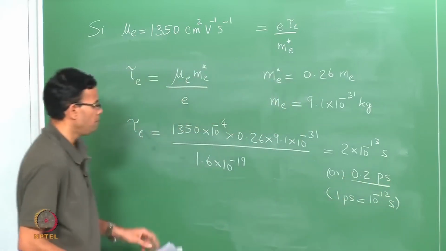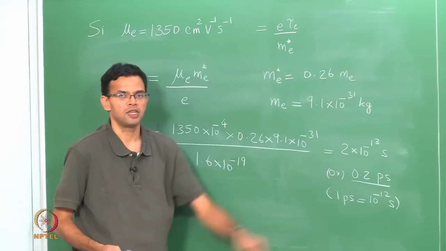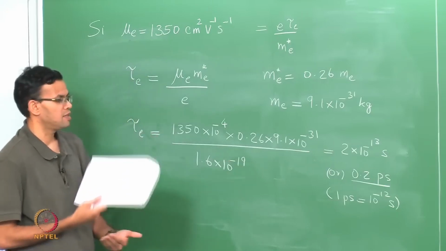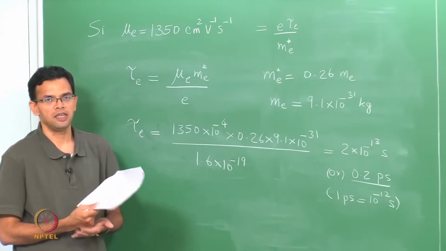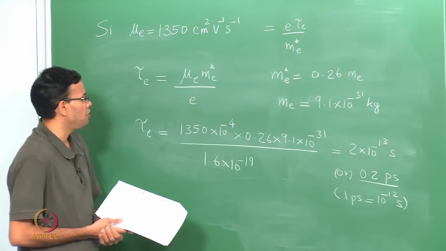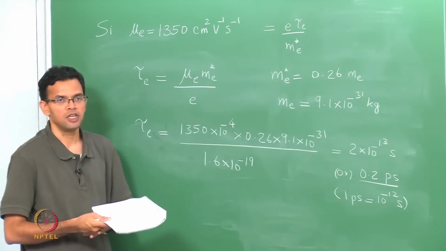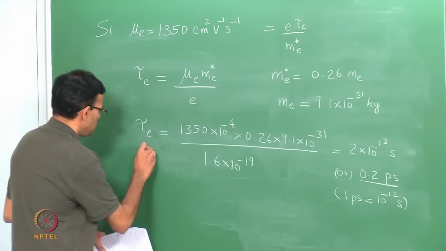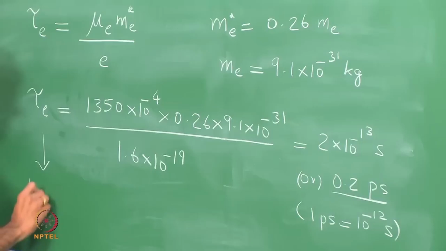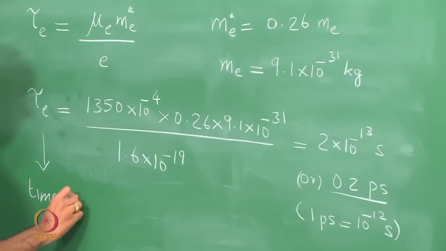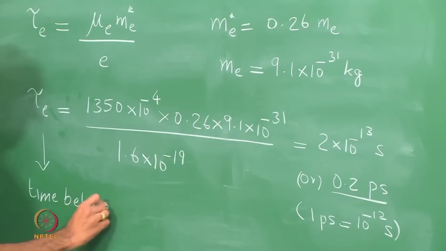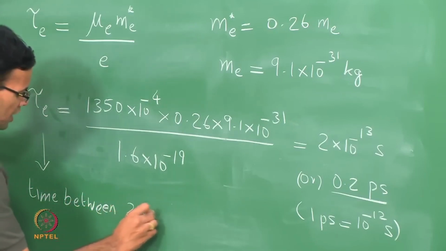So, this time of 0.2 picoseconds represents the time between two scattering events for an electron in silicon that is moving through the conduction band. So, tau e refers to the time between two scattering events.